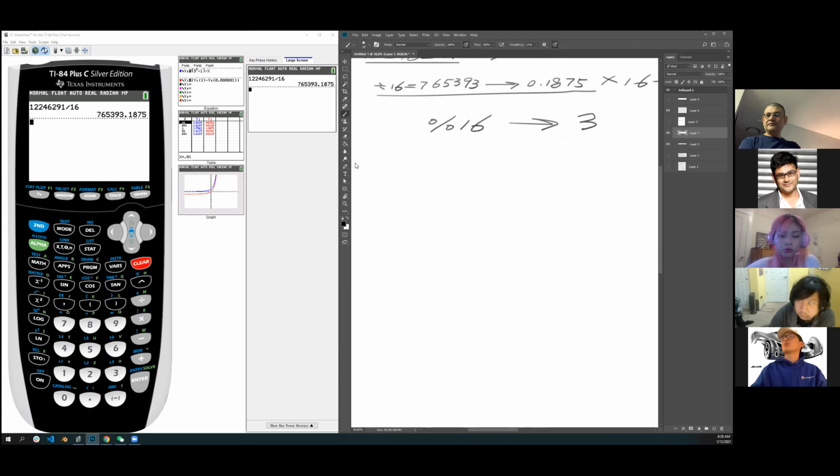And then the next number would be 765,393. Yes, 765,393. Also do the modulus. Is it called modulus? Let's do percent. The remainder is what it's called. The remainder, and then 16.